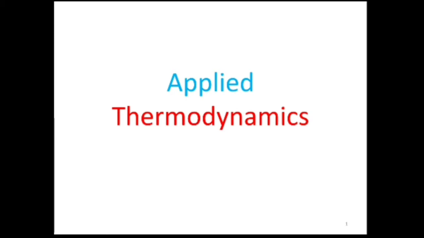So before we start studying vapor compression refrigeration cycle today, we will study why reversed Carnot cycle is not applied in practice, even though it is a very highly efficient and having high COP model.